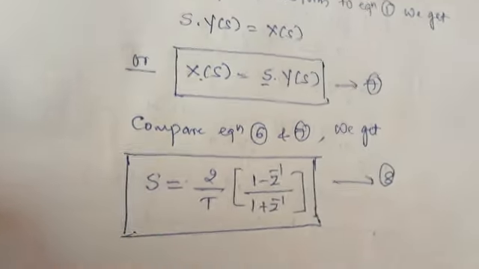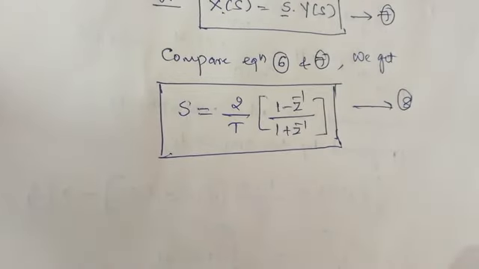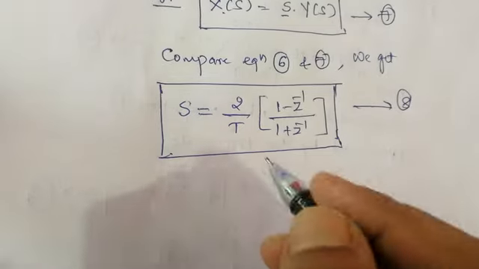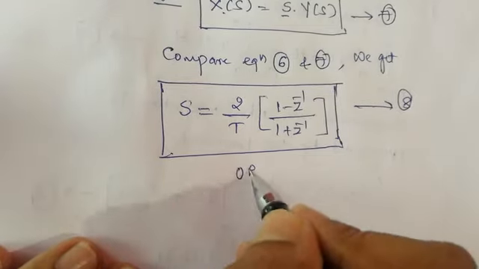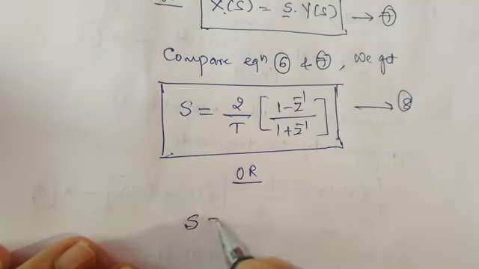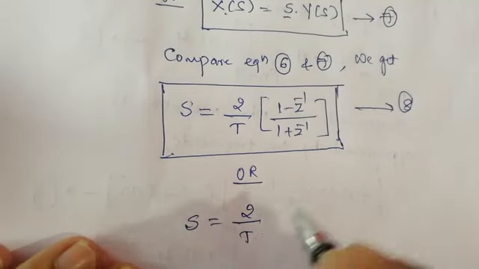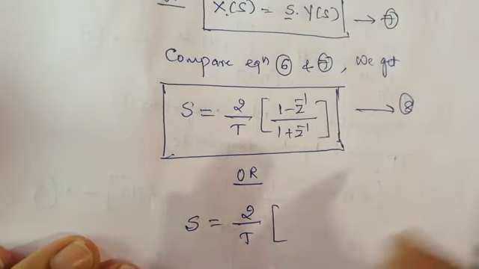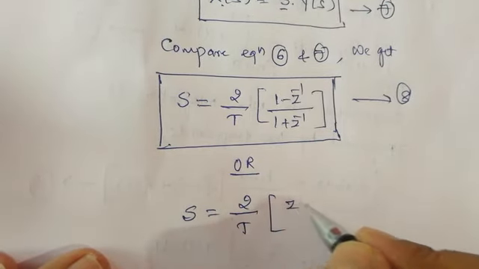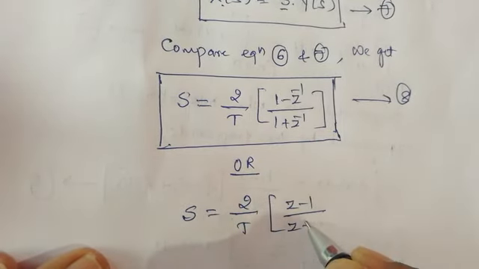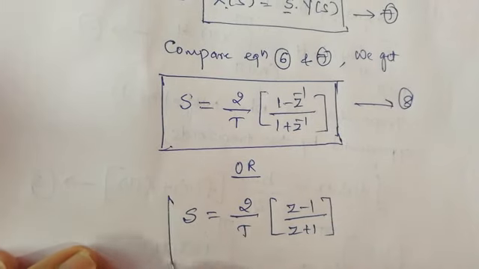Now, what exactly is equation 8 telling us? If we express the same equation in terms of positive powers of z, we can rewrite it as z minus 1 divided by z plus 1. There is no change in the meaning.